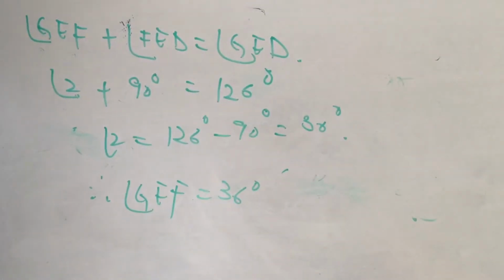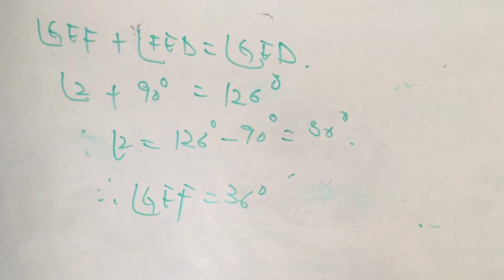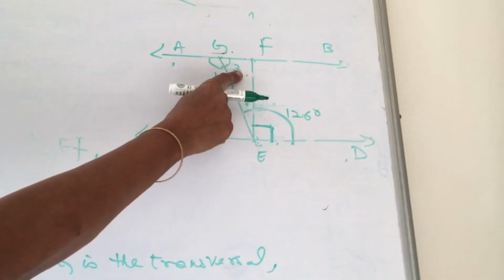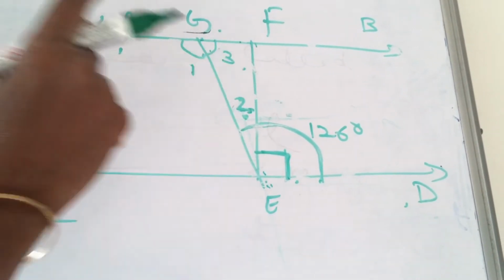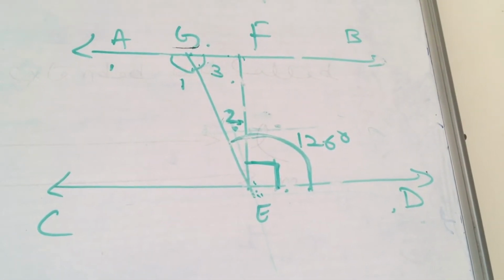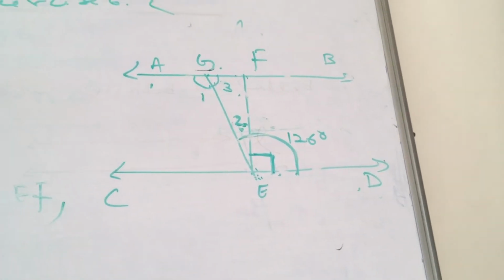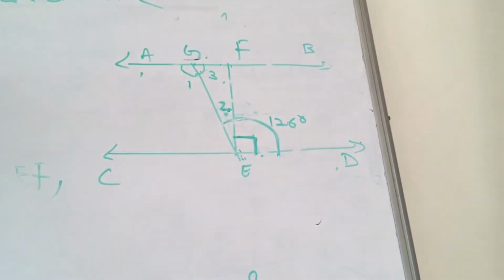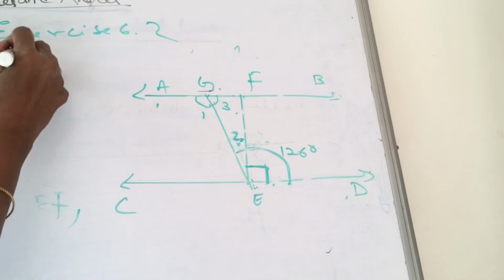Now we are going for angle FGE. What are angles 1 and 3? They are side by side. They are on the same straight line. So what do they form, children? They form a linear pair. Angle AGE plus angle FGE is equal to 180 degrees.